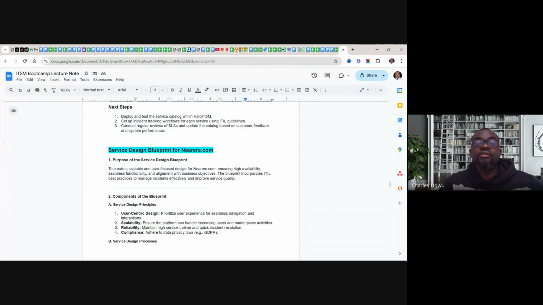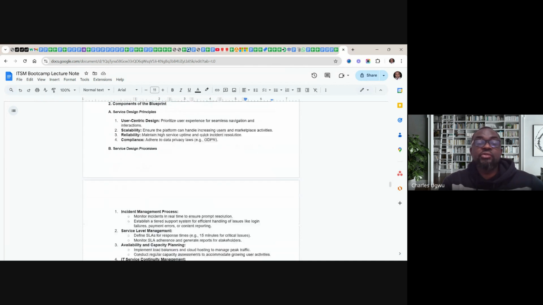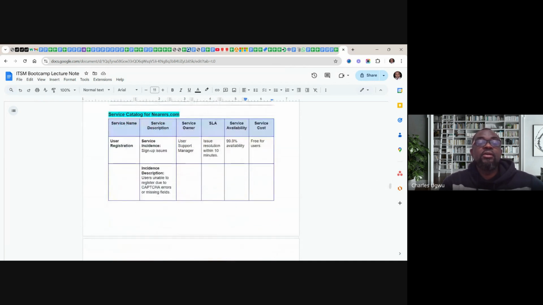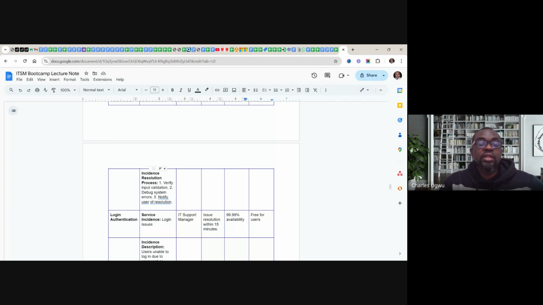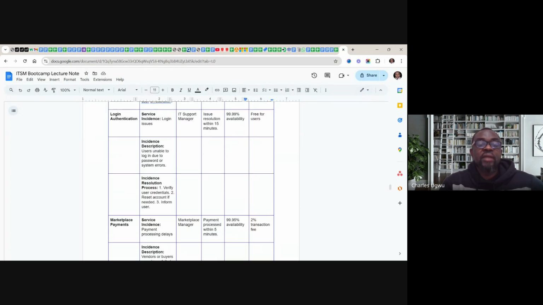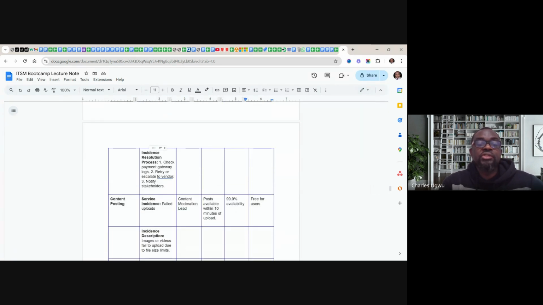Then here is Nearest.scope, which is a social media platform. Let's look at the kind of services to see that their services are different from the other two we've captured here. We have user registration, which is a big service. We have login authentication. We have marketplace payment. We have content posting.